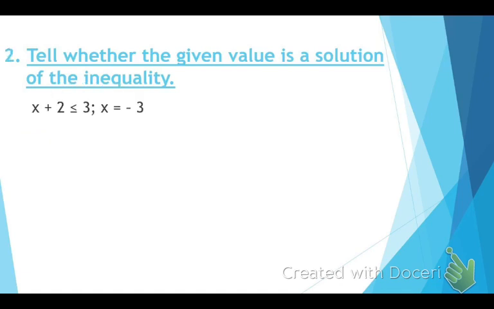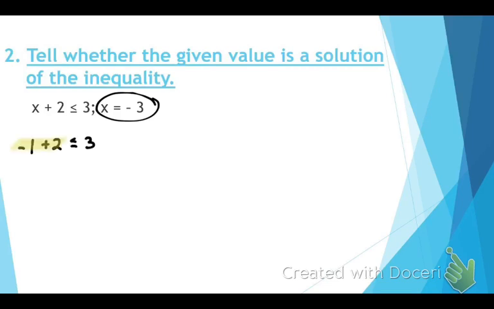All right, so problem 2 is going to be done the same exact way. Tell me whether or not the given value is a solution of the inequality. Okay, guys, so instead of x plus 2, it says here that we know what x is. So I'm going to plug that in. Negative 1 plus 2 is less than or equal to 3.